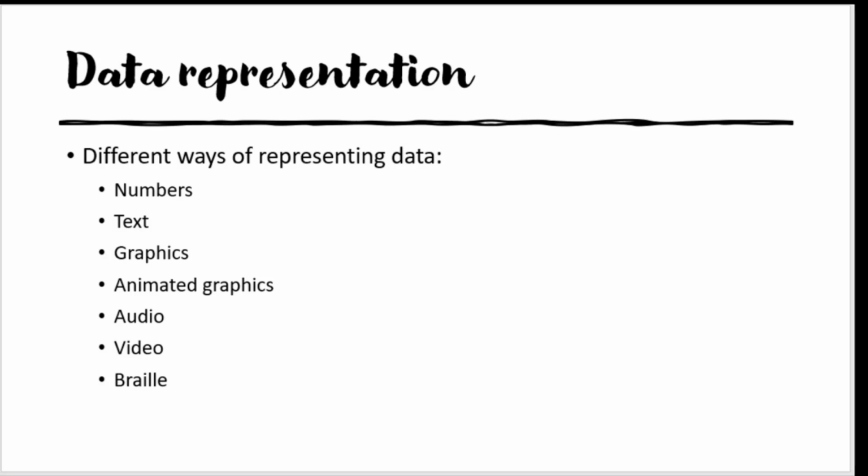So all of this data representation, all of them have advantages and disadvantages, all right? And it's very important at the end of the day that when you're choosing how you're going to represent the data and the data type, that you actually think about your audience, that you think about what you want your user to do with that data.